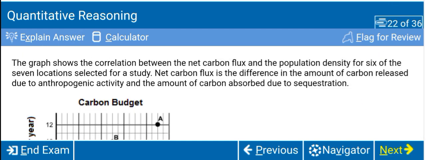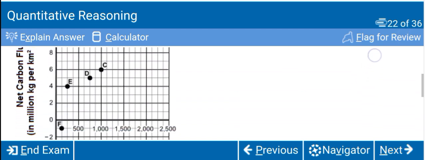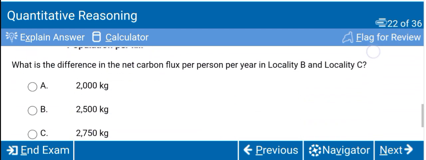Next we have the same passage, as you can see on the same chart. And the question is, what is the difference in the net carbon flux per person per year in locality B and locality C?